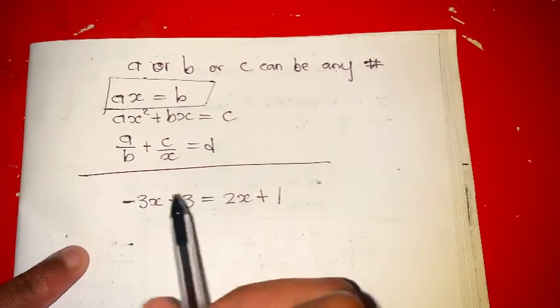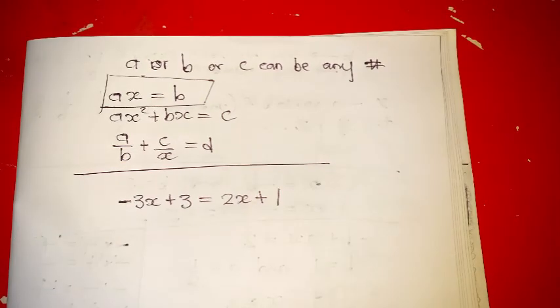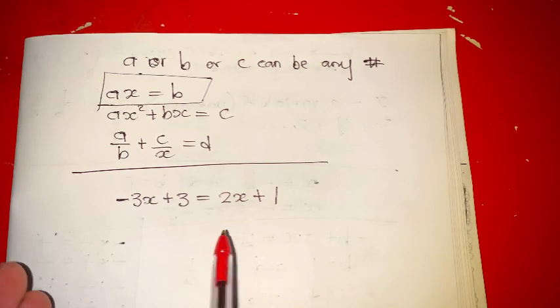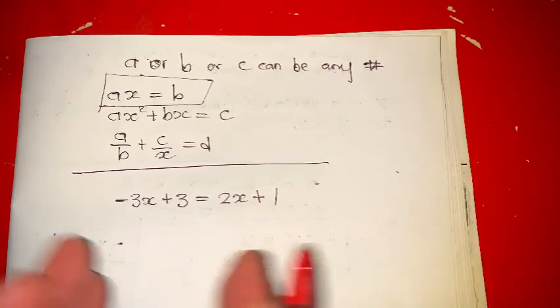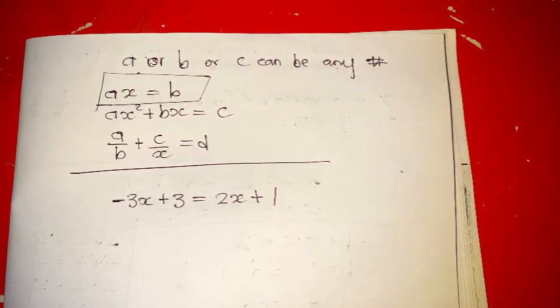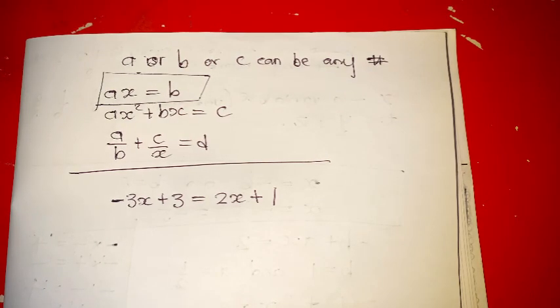So here you're going to apply the rule. Remember, you can choose to solve your x on the right hand side or on the left hand side. It doesn't really affect what happens, but the answer will remain the same. You can say 2 is equal to x, or you can say x is equal to 2. It means the same thing.